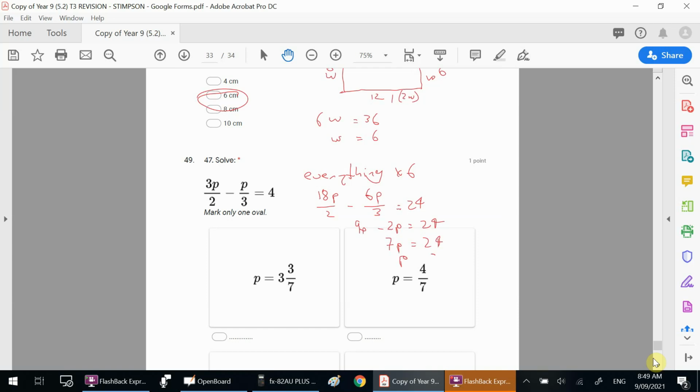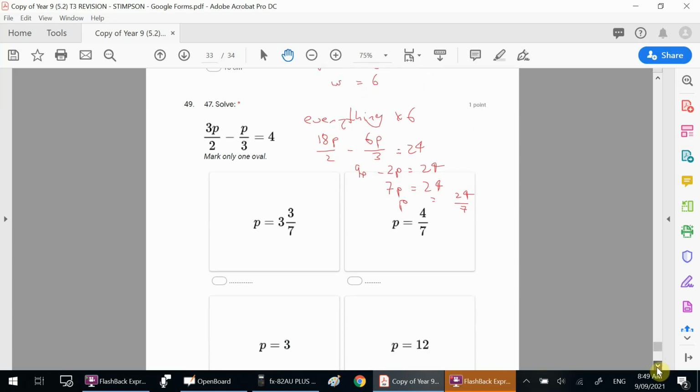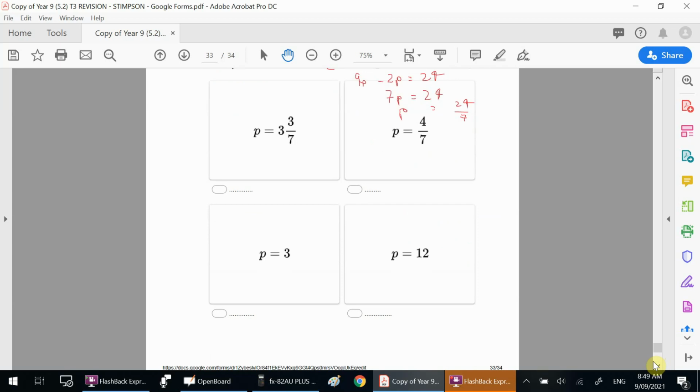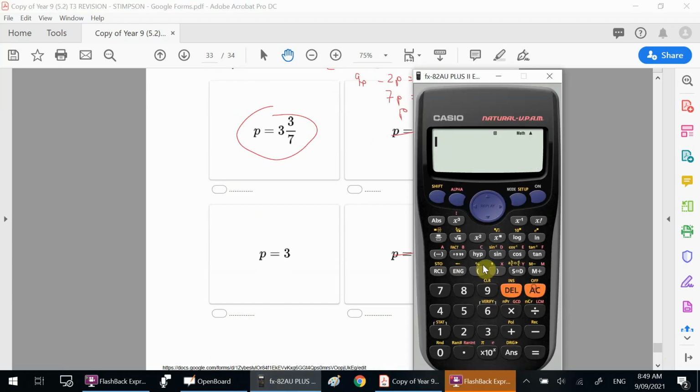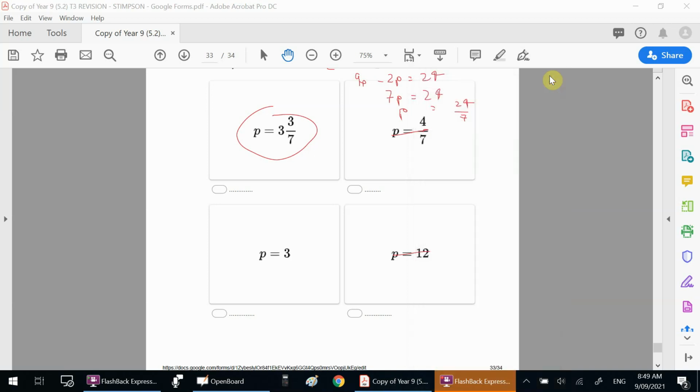Divide by 7. 24 over 7. That's definitely not that one, or that one. Yeah, it's this one. 3 3/7. 24 over 7. And here it is, 3 3/7. Okay.